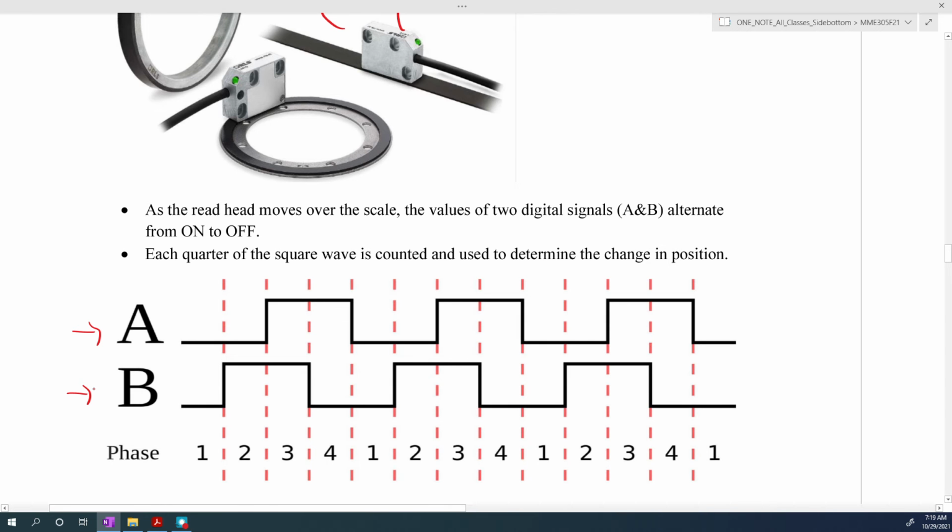Each time we have a rise or a fall in a signal, the position is considered changed. By determining the order of the rises and falls, we can determine whether the motion is going in one direction or another direction.